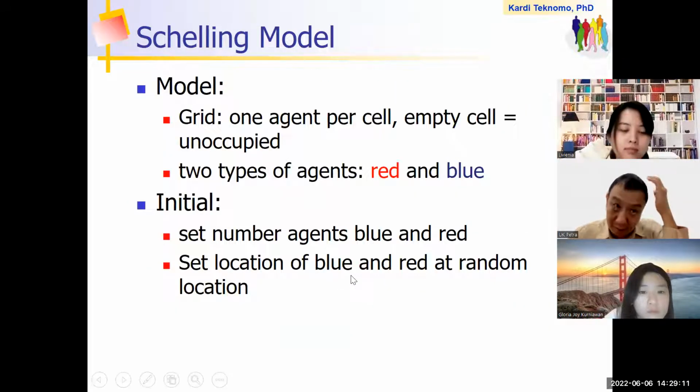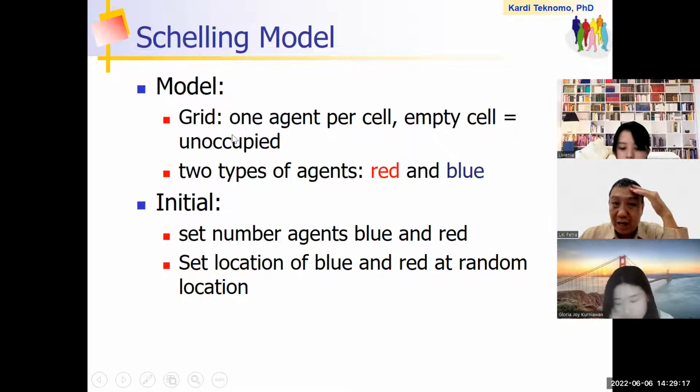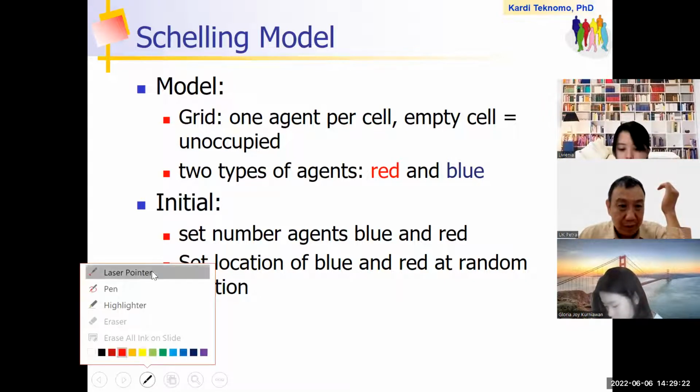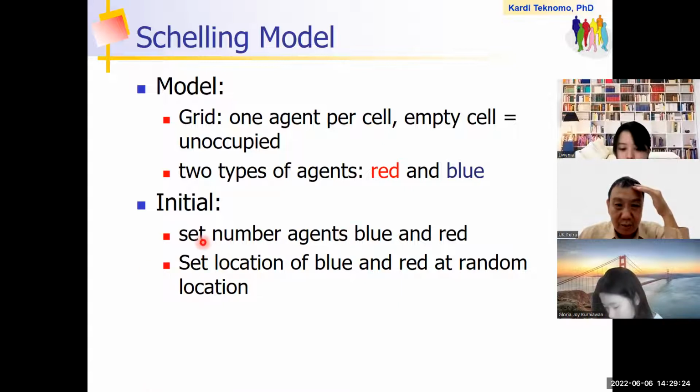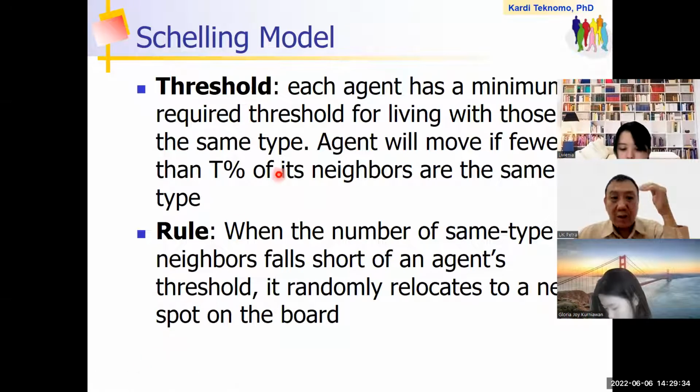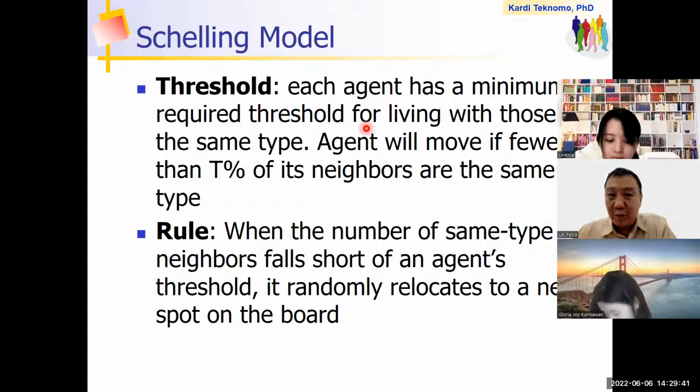Right, so the model is just a grid, with one agent per cell. An empty cell means unoccupied, and there are two types of agent, red and blue. Initially, you can set any number of blue and red, and put them in random locations. And then you set a threshold. This is the interesting part, to set the threshold. Each agent has a minimum required threshold for living with those of the same type.